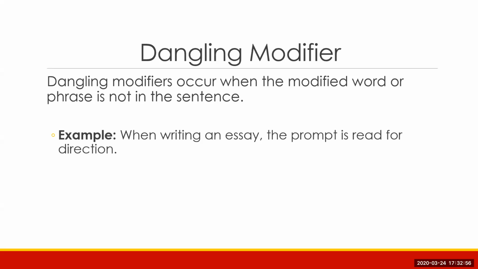The issue with this sentence is I'm not quite sure who is reading the prompt. There's no subject to tell me who is performing this action. I'm unsure. So in this case, the word or phrase being modified is not present in the sentence, which leaves it unclear for the reader as to what is actually being modified.